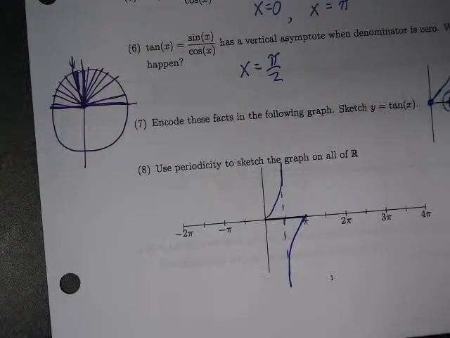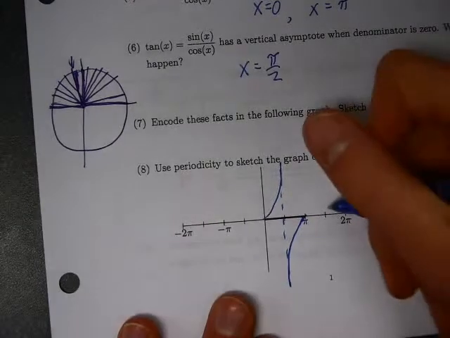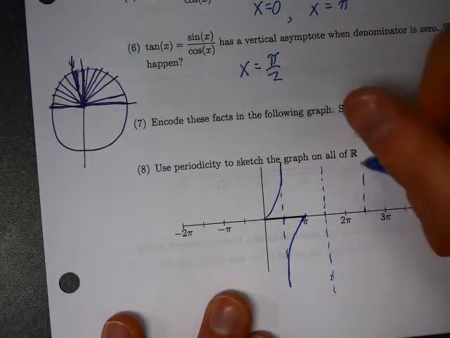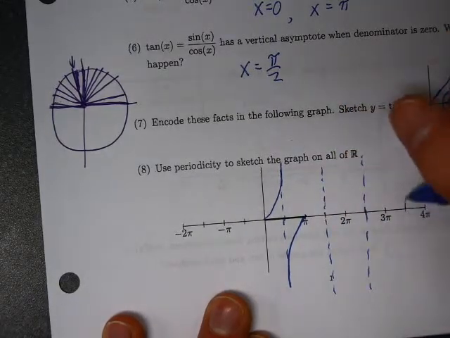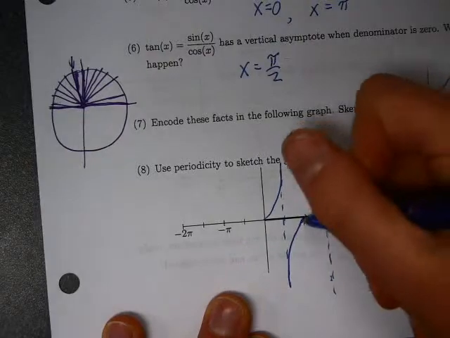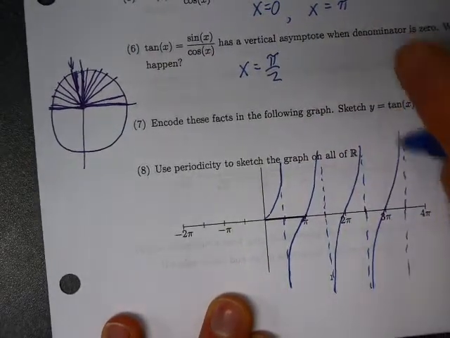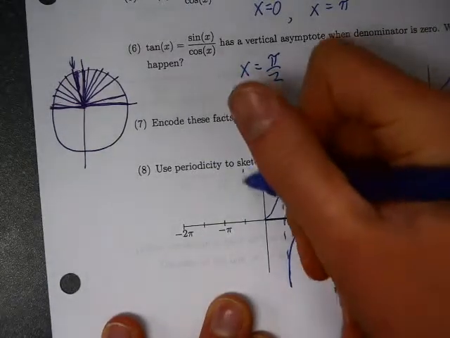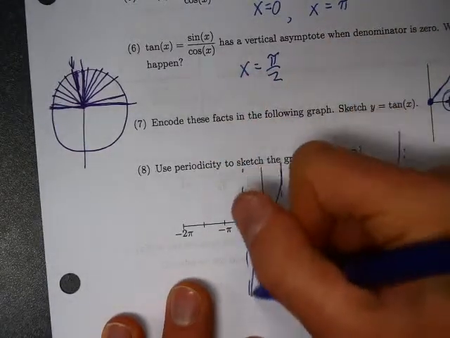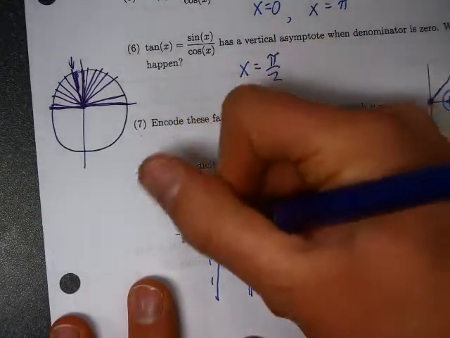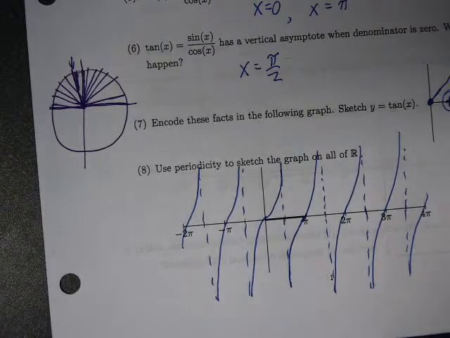And then again between 2 pi and 3 pi, 3 pi and 4 pi, and then I'll go backwards also.